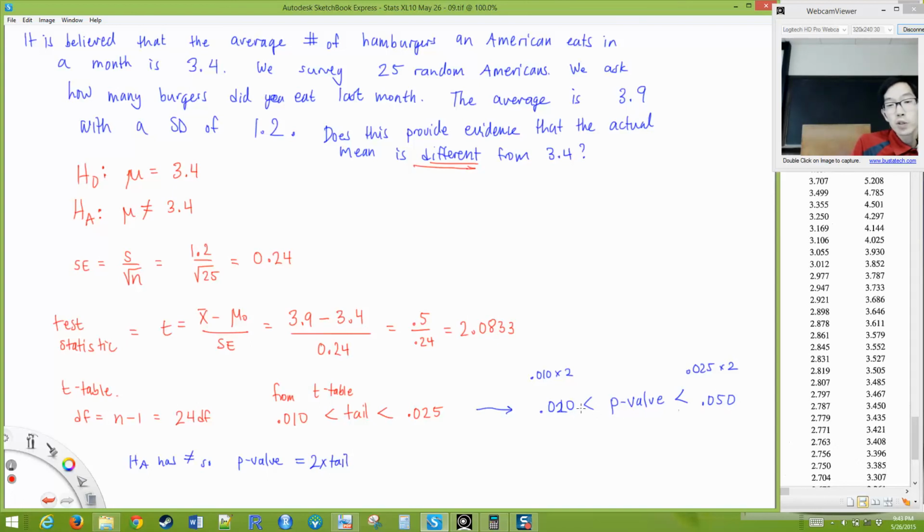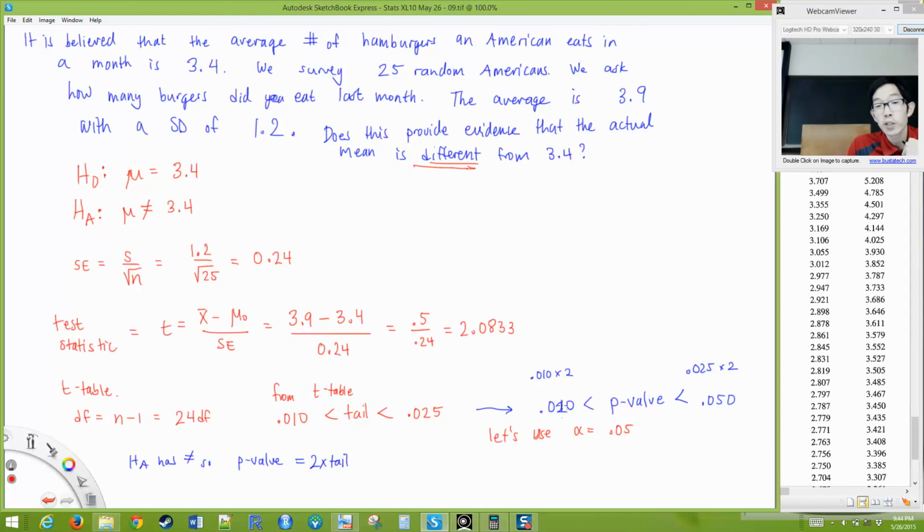Are we good there? Okay, so let's use alpha equal to 0.05. Is my p-value bigger or smaller than 0.05? It's smaller, right? Here it says the p-value is greater than 0.02, but less than 0.05.